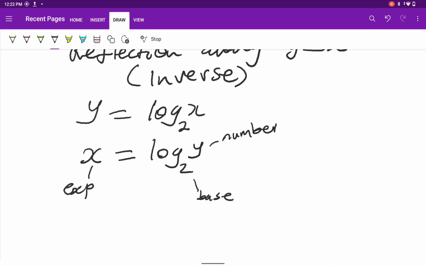So we can start with the number: y equals, the base is 2 and the exponent is x. So this is the inverse of that function. This is the reflection, and this is how we calculate the inverse or reflect along the line y equals x.